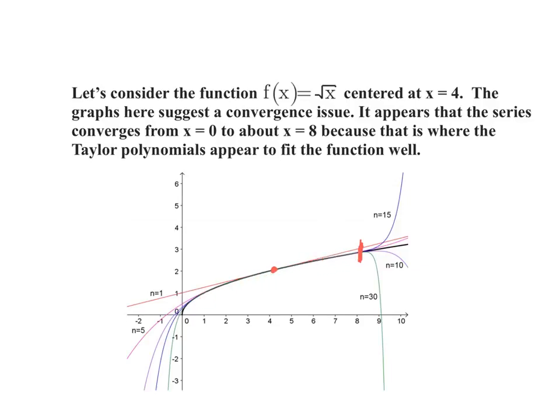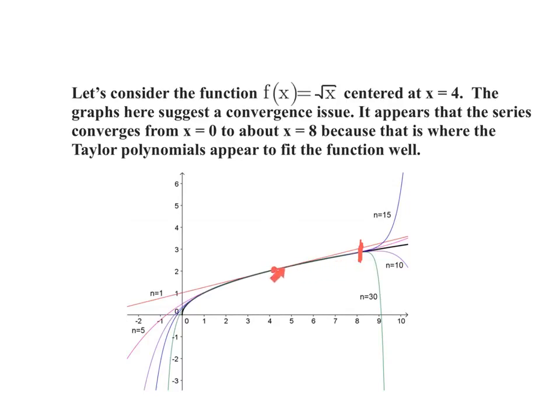Okay. Now, the distance between the center and the 8, that distance is going to be called the radius of convergence. Between 0 and 8, that's the interval of convergence. And from the center to one endpoint, that is going to be your radius of convergence.